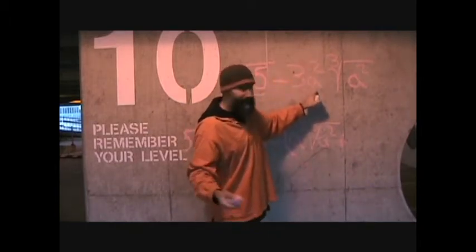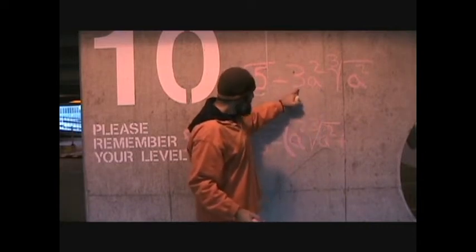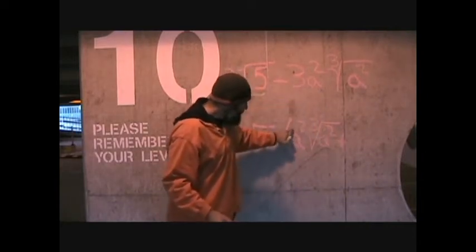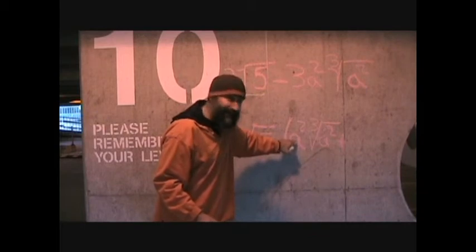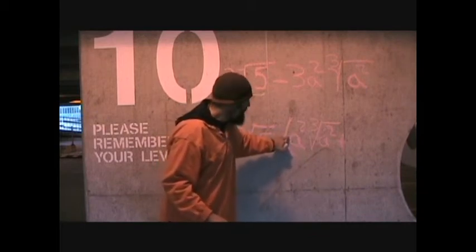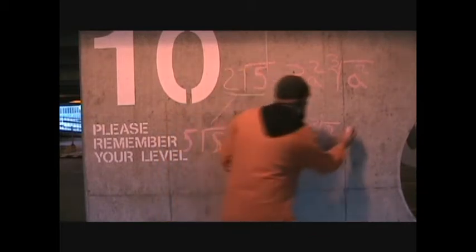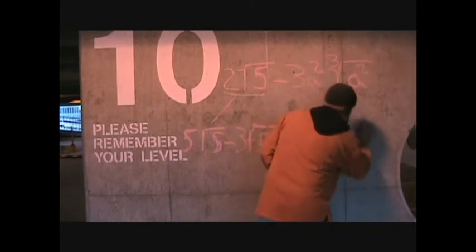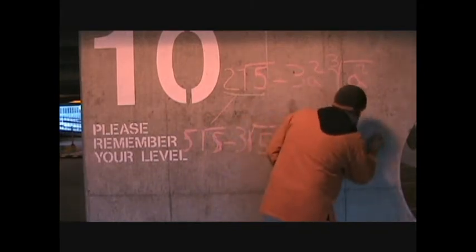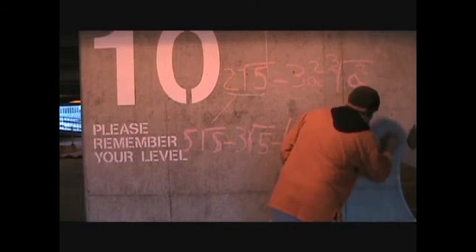These are variables, letters, right? So we've got 3 of these guys, we already got 1 of them. When there is no number in front of a letter, it implies there's a 1 there, right? We've got 3, so we need 2 more. 2a squared cube root of a squared, and then you can close your bracket.